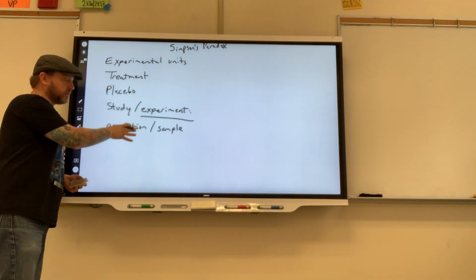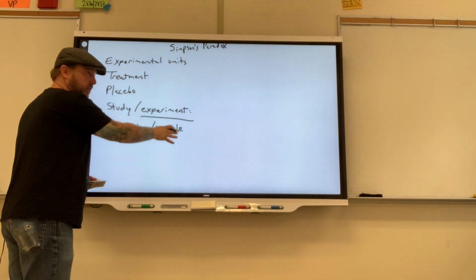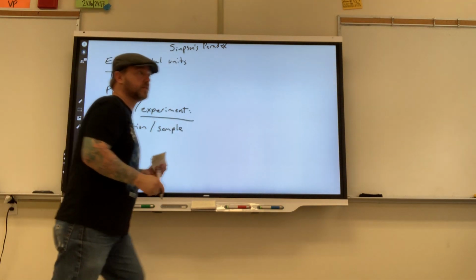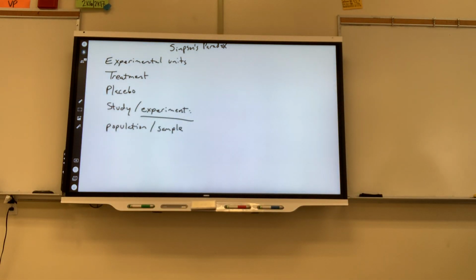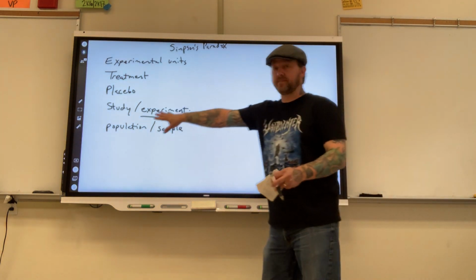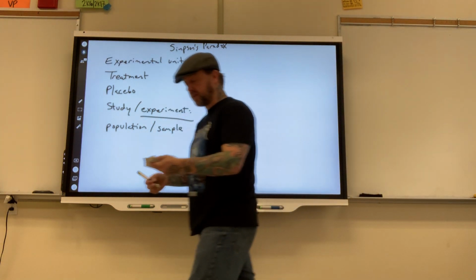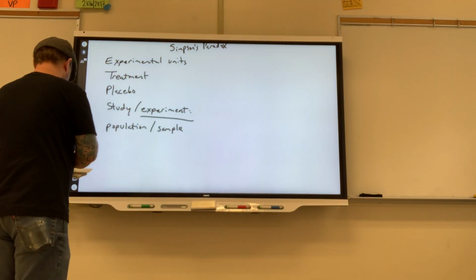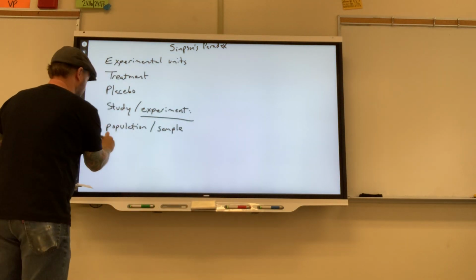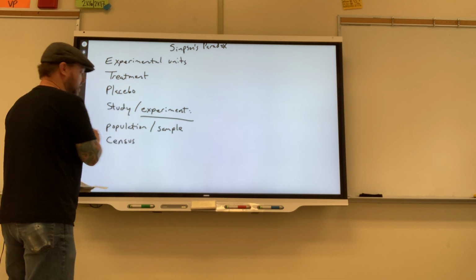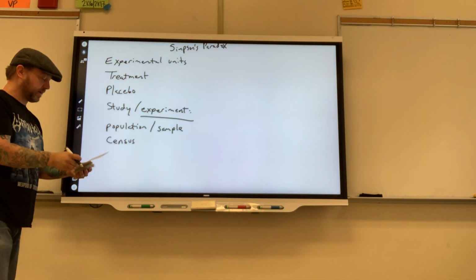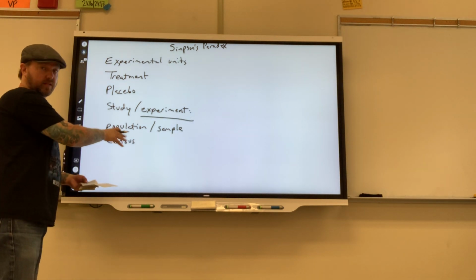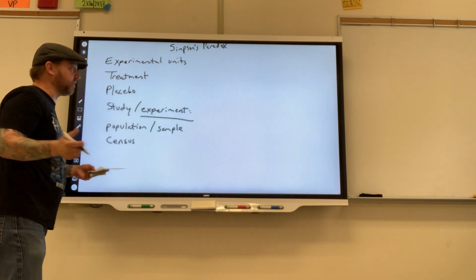Populations are really big, so it's hard to get everybody there. So we look at a small sample, and that will give us information about the population. Okay, so census is when we want information about the entire population. We don't do them very often, right?